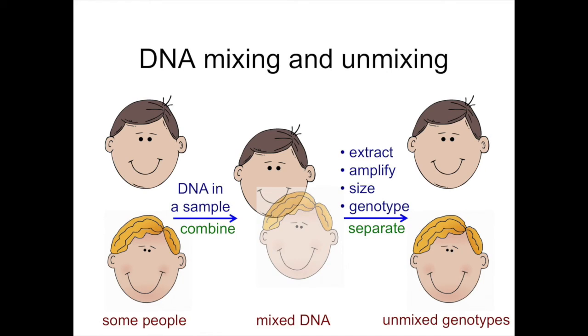The lab then separates amplified DNA by fragment size. The amount of each fragment is measured by fluorescence. Short tandem repeat, or STR, data has a peak for each allele fragment. A computer can separate STR data into the genetic types, called genotypes, of the people who contributed their DNA to the mixture.